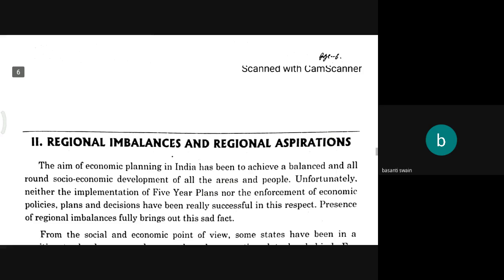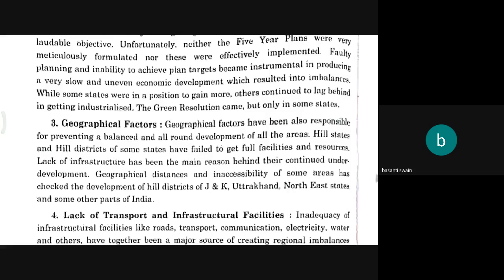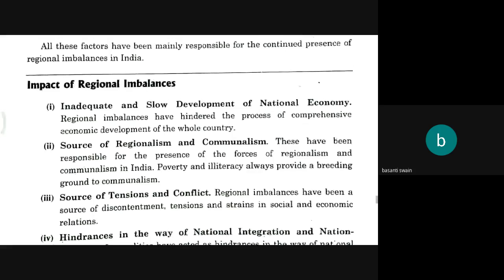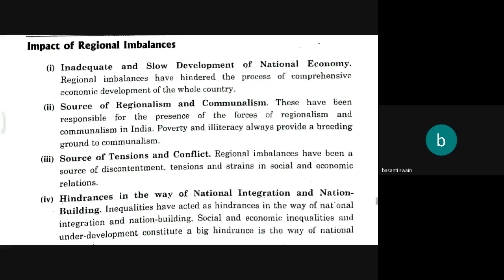So, in this way, these factors of regional imbalance have impacted India, particularly its democracy and development. The impact of regional imbalances includes these points: the inadequacy and slow development of the national economy, that is, regional imbalances have hindered the process of comprehensive economic development of the whole country.